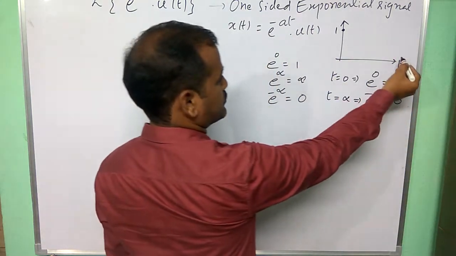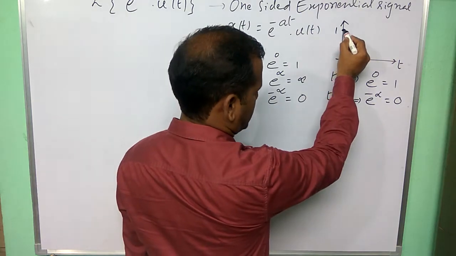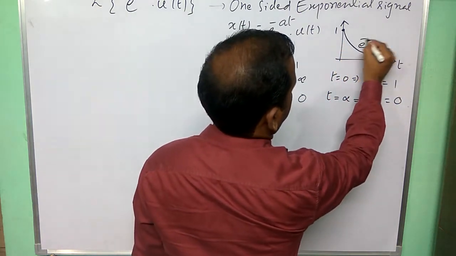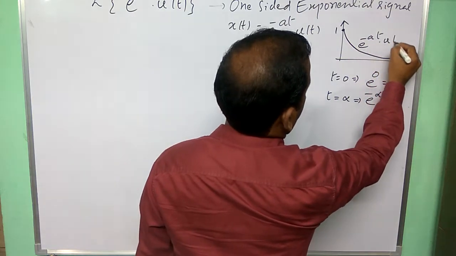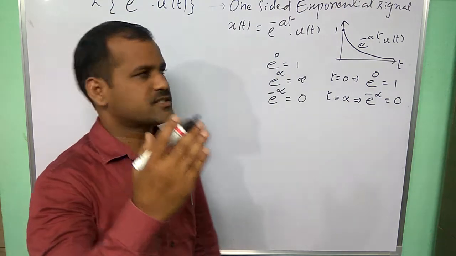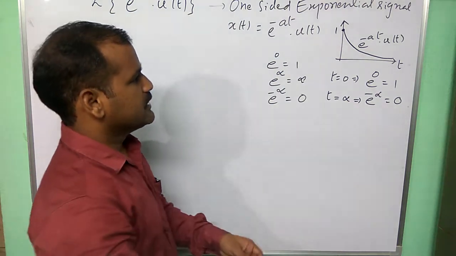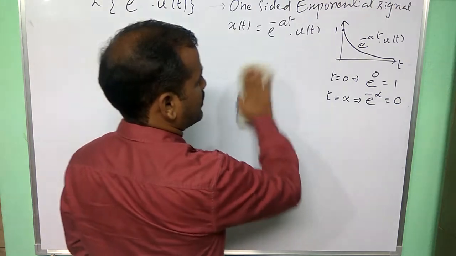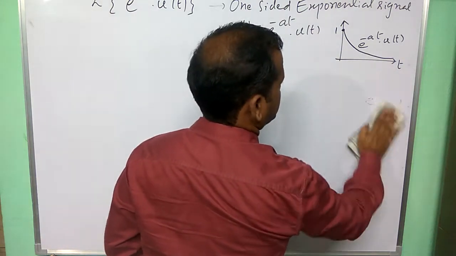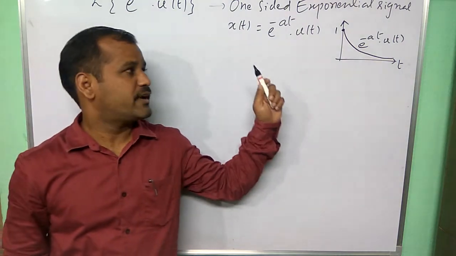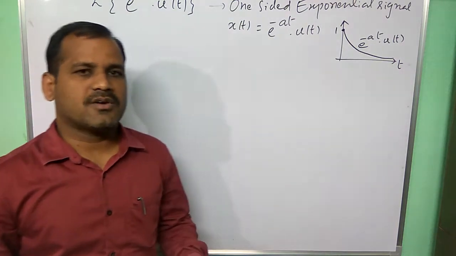So it goes to 0 from 1 in an exponentially decaying manner. So this is the signal e power minus at u of t. Since u of t is there, the signal exists only on the right-hand side. This is the plot of e to the power of minus at u of t, a one-sided exponential signal. So we are going to calculate the Laplace transform of this exponential along with the plot of ROC.